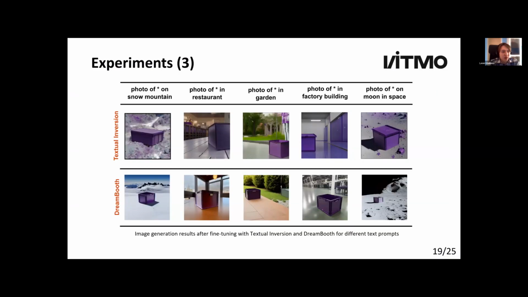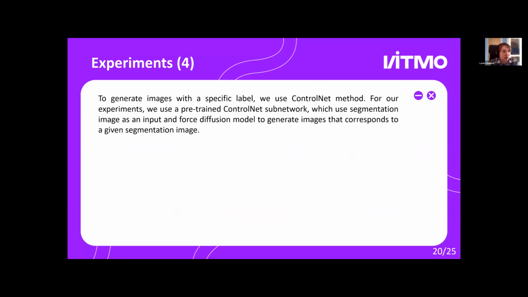Okay, we now can generate our target object. Now we want to generate images that will correspond to some labels. So to generate images with a specific label, we use the ControlNet method.